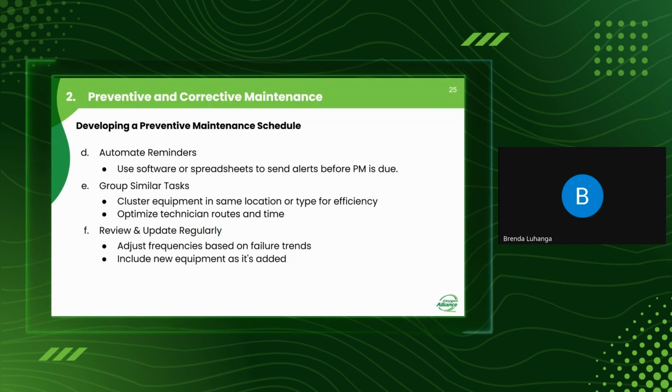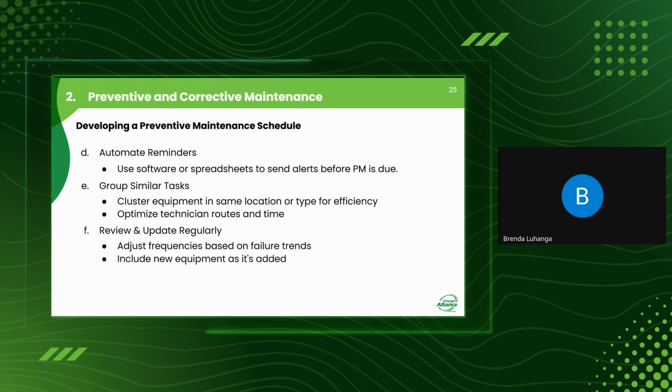Then, let's say you have your maintenance schedules in spreadsheets or Google Sheets, you can add reminders on your Google Calendars to alert you every time there's need for a preventive maintenance to be done on certain medical equipment. It is also important to group similar tasks so that when you have the resources, you can work on certain issues at the same time. This will save time, but also it will keep the technician on the same routes of maintenance.